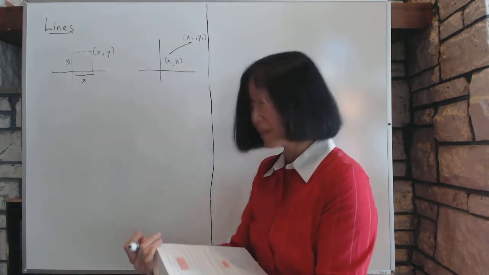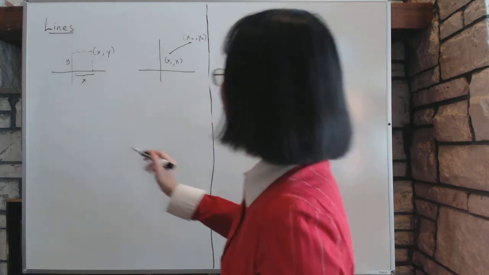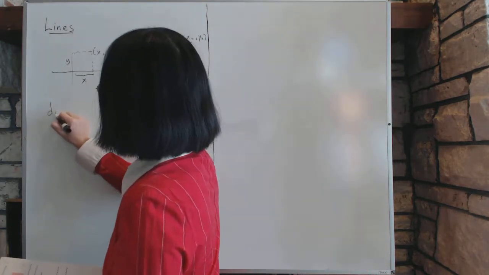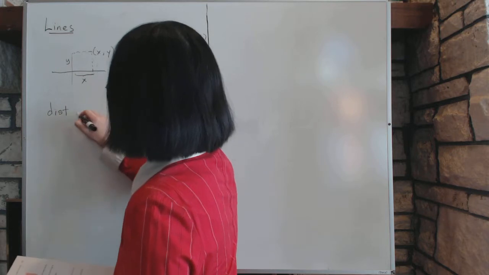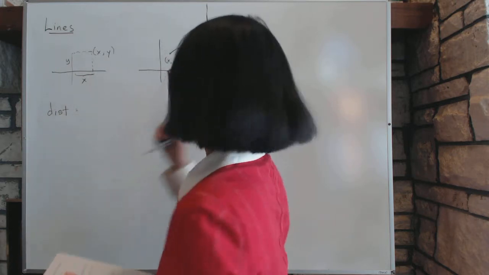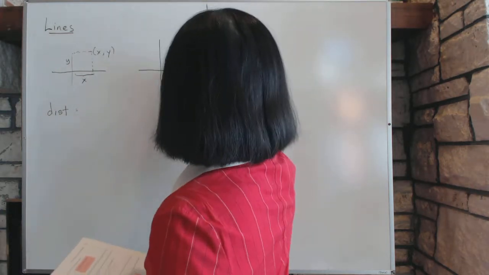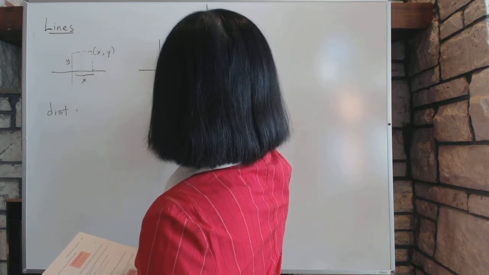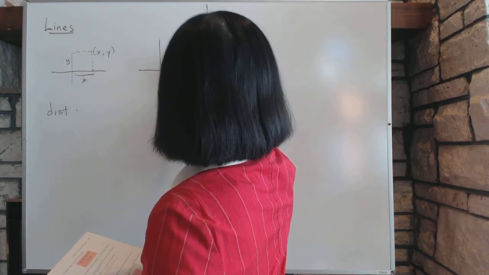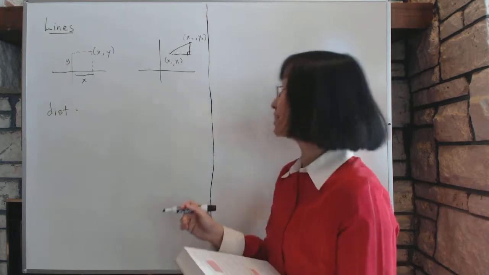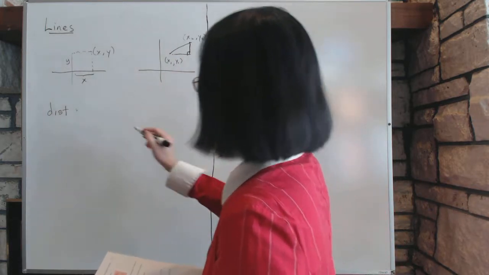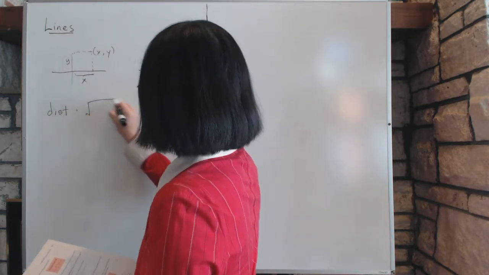The distance between the two points is given by this formula, which is based on the Pythagorean theorem: you figure out the lengths of the two legs, or whatever the sides are, and then square and take the square root.